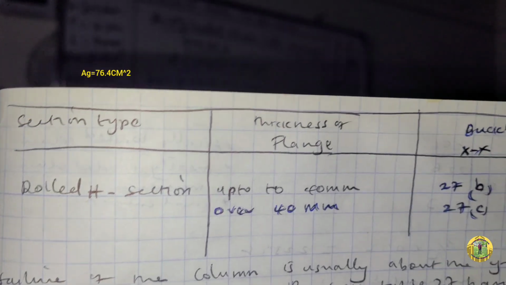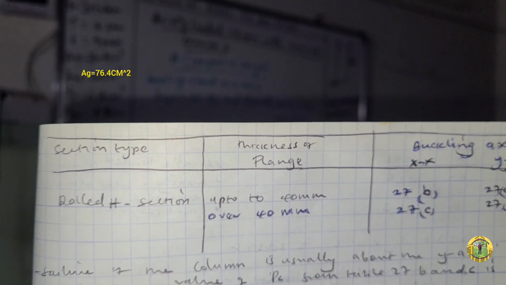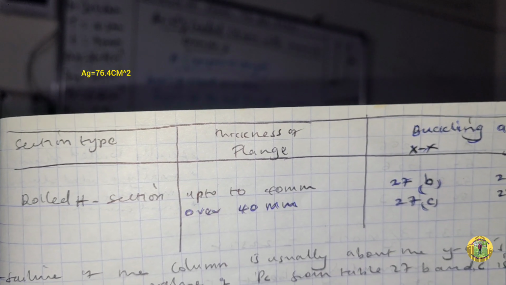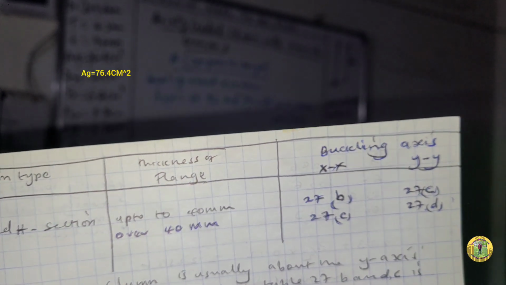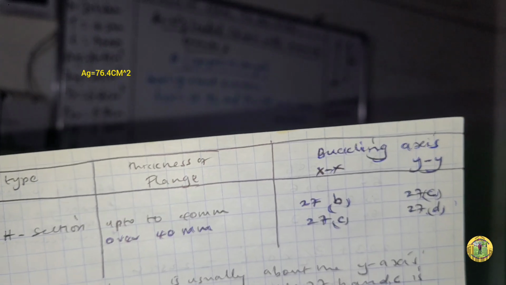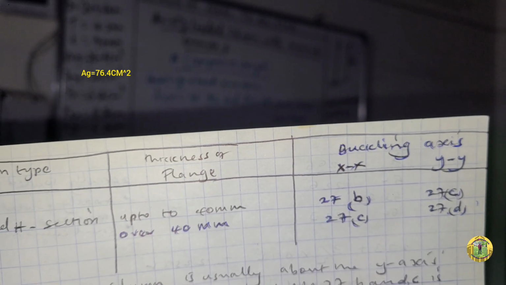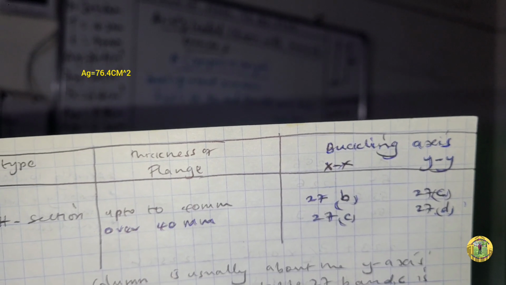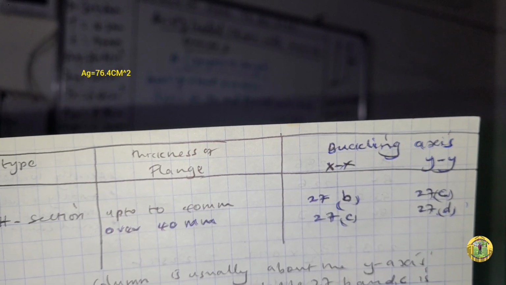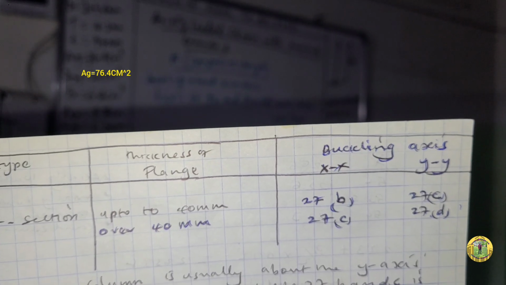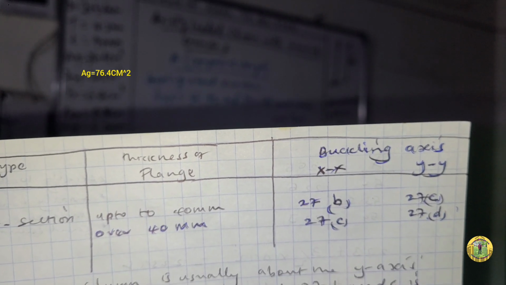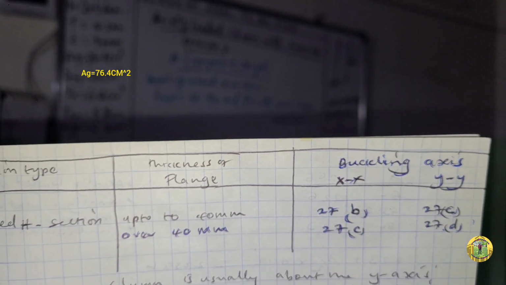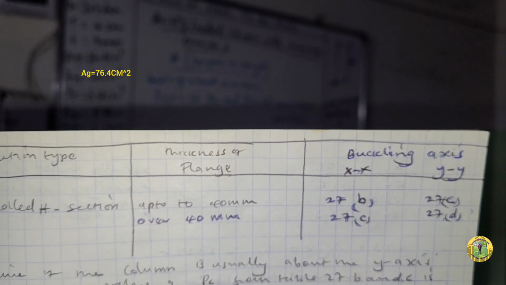It's the flange thickness, which is up to 40 millimeter. For buckling about x axis we will use table 27B, and for y axis we will use 27C. And over 40 millimeters, we will use 27C for XX axis and 27D for YY axis. So that is the guideline. So always remember this part.